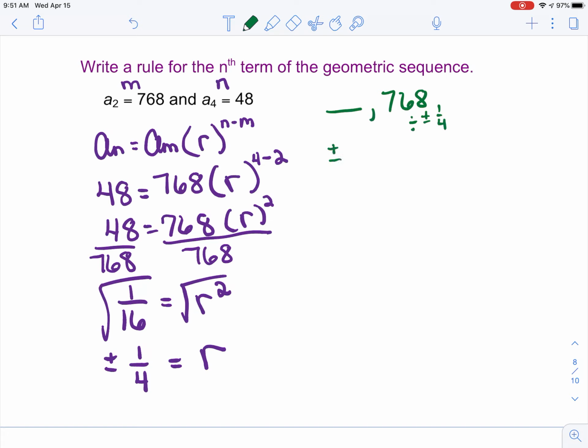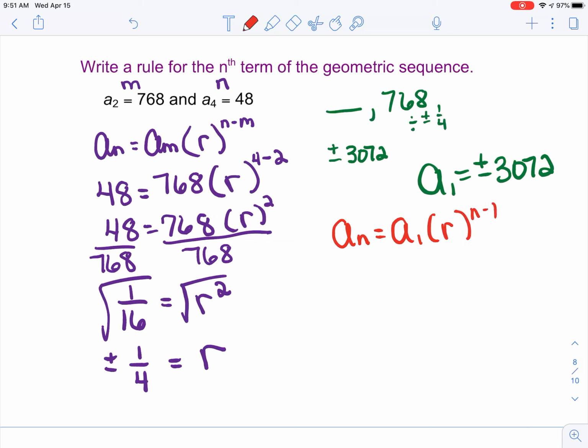When I do that, I'm going to get plus or minus 3,072. So my first term can be plus or minus 3,072.